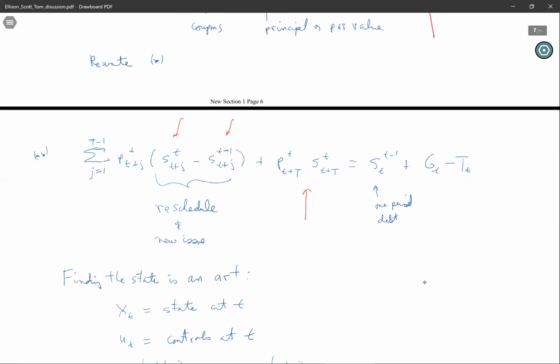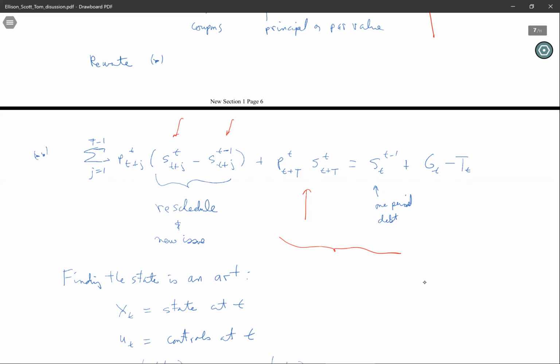Now it's very easy to take Barro's model and write a linear quadratic dynamic programming problem that kicks out the optimal tax and debt policy. Well, if you use this equation and stare at it, you can make some progress in doing that. Now, Ellison and Scott actually don't.